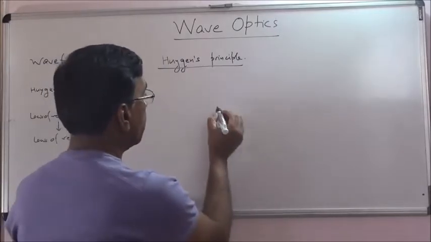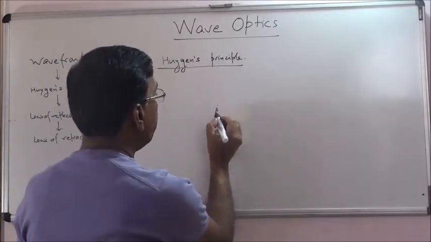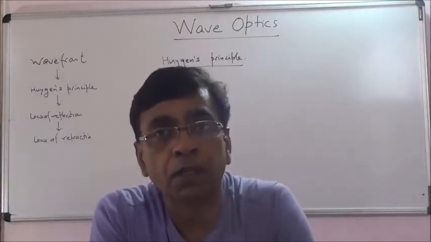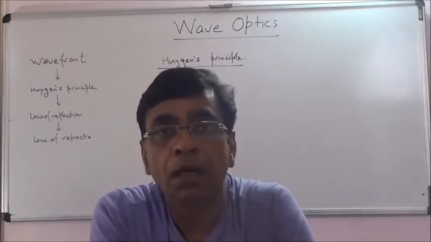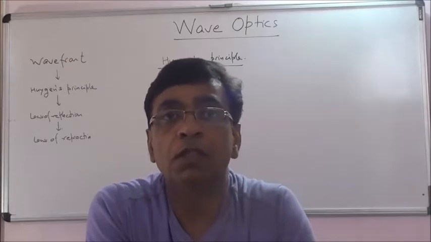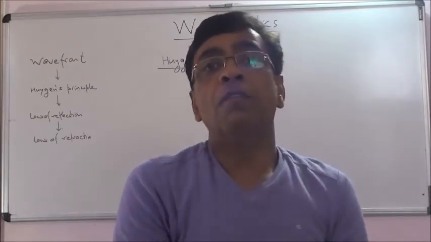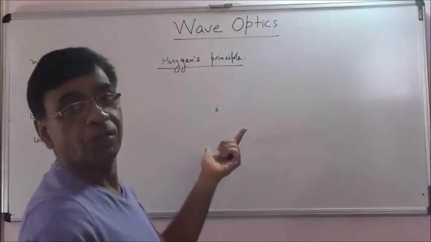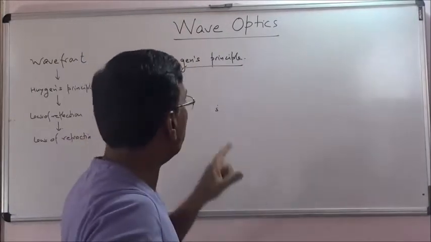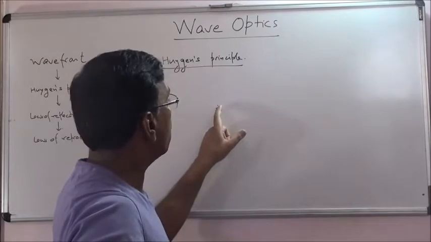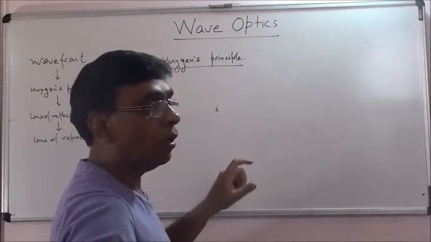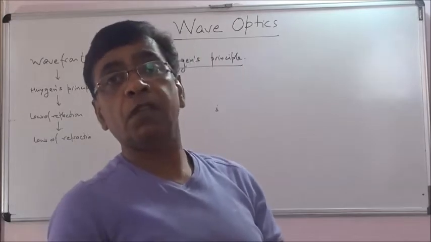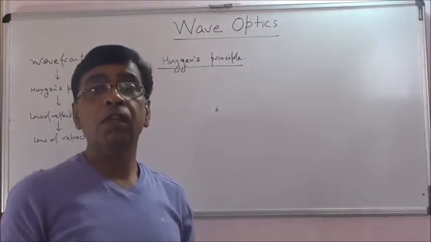What it says is that every wave propagates in the form of a wavefront. Huygens was one of those earlier scientists who gave the wave theory of light. He proposed that light is a wave. So S is a point source, and it is true for all types of waves that waves propagate in the form of wavefront.